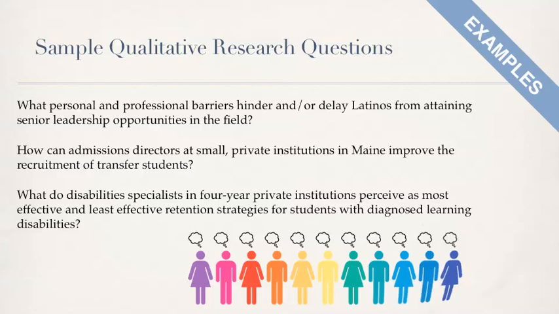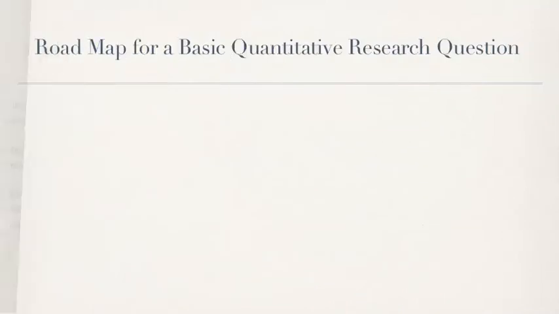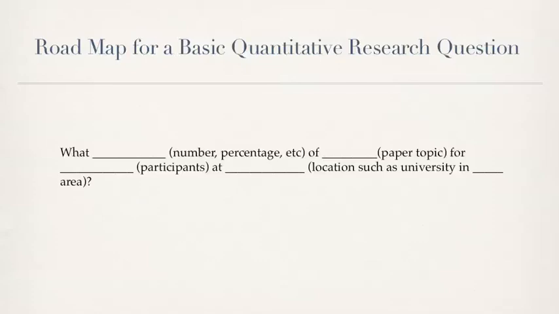Okay, now let's take a look at a roadmap to get you going on quantitative research questions. In this case, we're using the what, asking about numbers and percentages. So you're knowing that what number, what percentage, you're going to have a quantitative analysis.